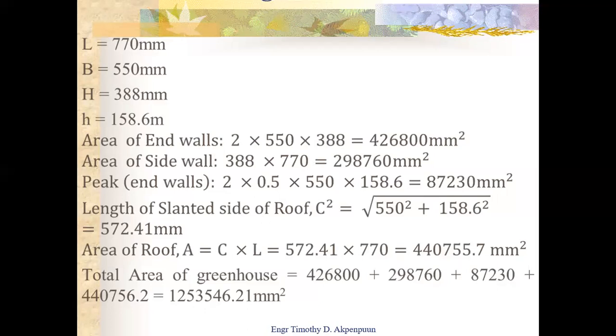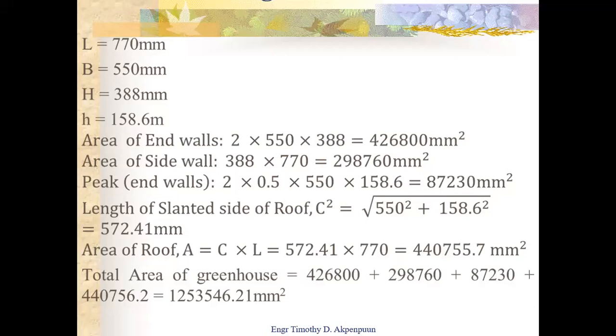Wait. What is the area of the roof now? Which values are you multiplying on the screen? The area of the roof is going to be half times the base times the height. Yes, very good. That's 0.5 times 550 times 770.